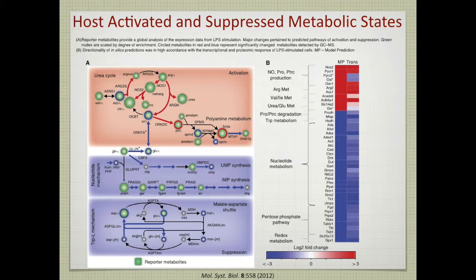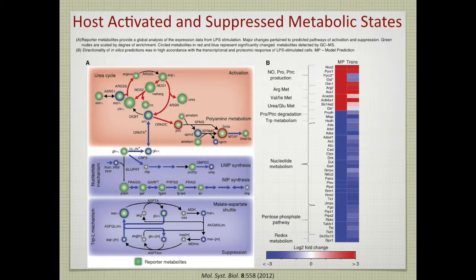What's shown in this diagram are some highlighted red circles, and these are the reporter metabolites that I mentioned earlier that are likely to be very informative in the system. If they are engulfed by a circle in this diagram, it means that the measurements done in the resting macrophage versus the activated macrophage were significant.